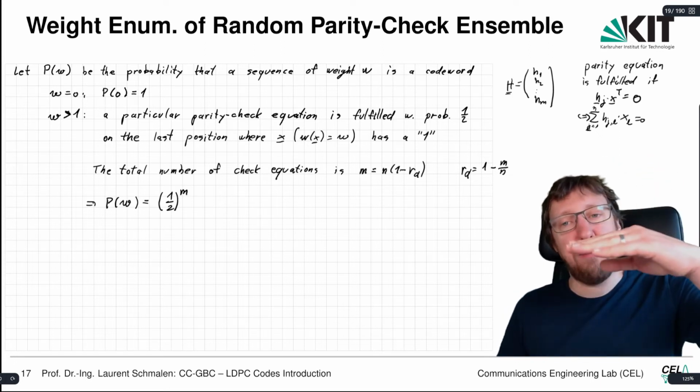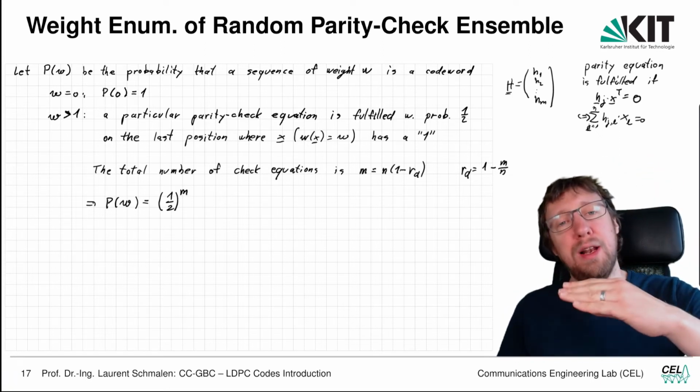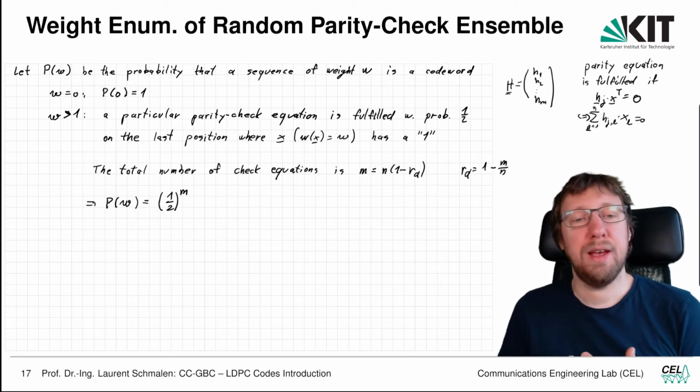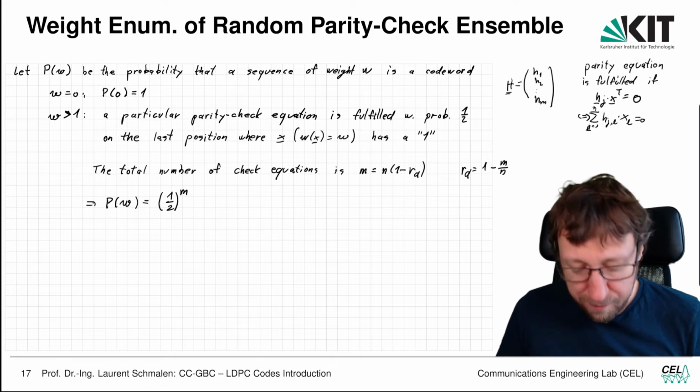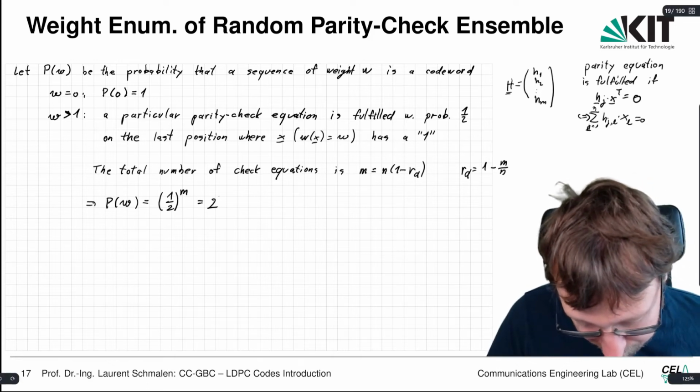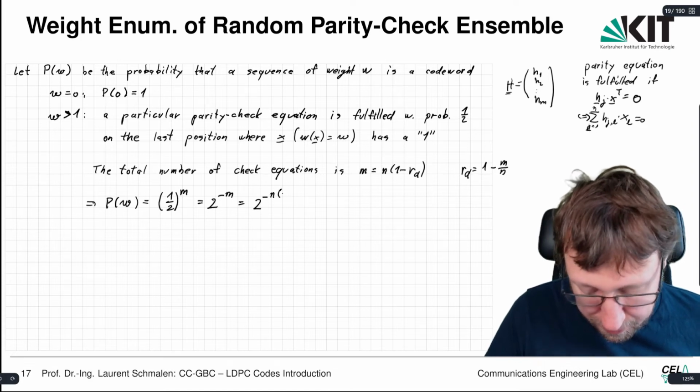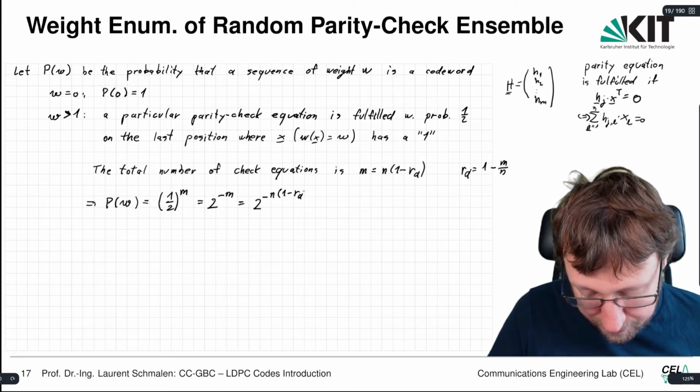So all the m parity-check equations must be fulfilled. Each one is fulfilled with probability 1/2. So the total probability is 1/2 to the power m. So it's 2 to the power minus m, or 2 to the power minus n times 1 minus the rate R_D.